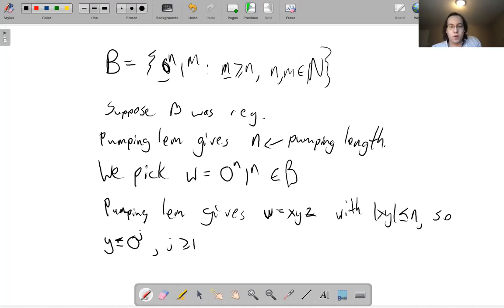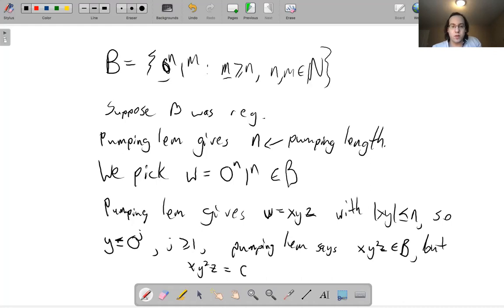And then the pumping lemma says that x y squared z is in B. But x y squared z is equal to 0 to the n plus j, 1 to the n, which is not in B. Contradiction.